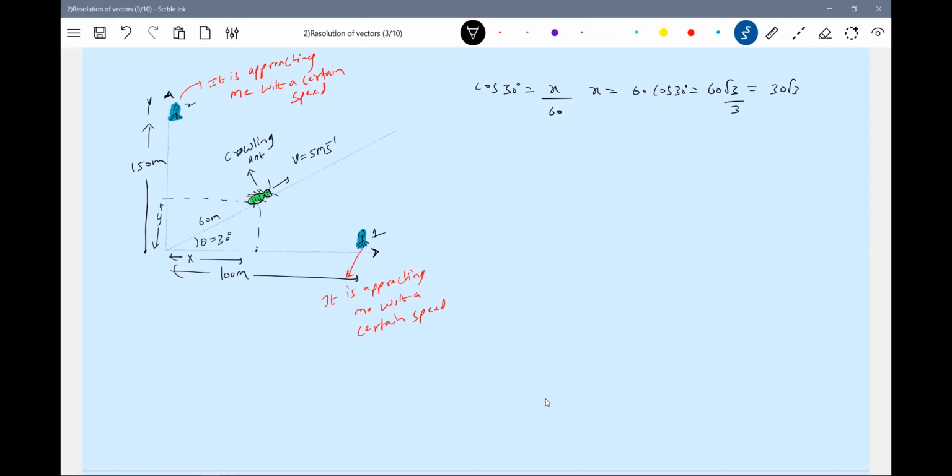Root 3 is 1.7, so it will be 51 meters. Similarly, sine 30 degrees equals y by 60, so y equals 60 sine 30 degrees, which should be equal to 30 meters.